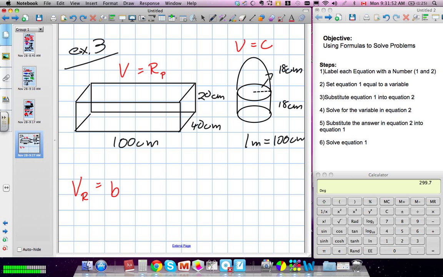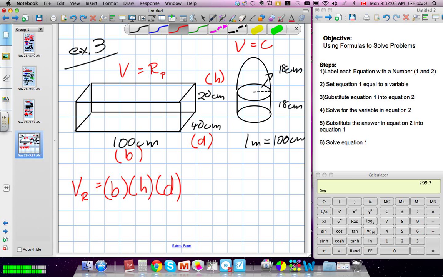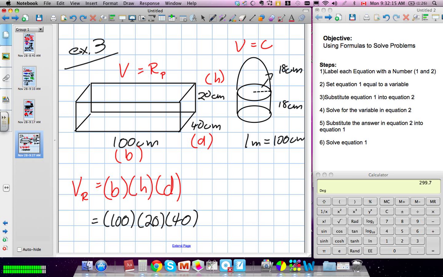We're going to be plugging those values in, which means we have 100 times 20 times 40. We go to solve it, that's 2,000 times 40, I think it's 80,000 centimeters cubed. So we've discovered that this planter holds 80,000 centimeters cubed of volume.